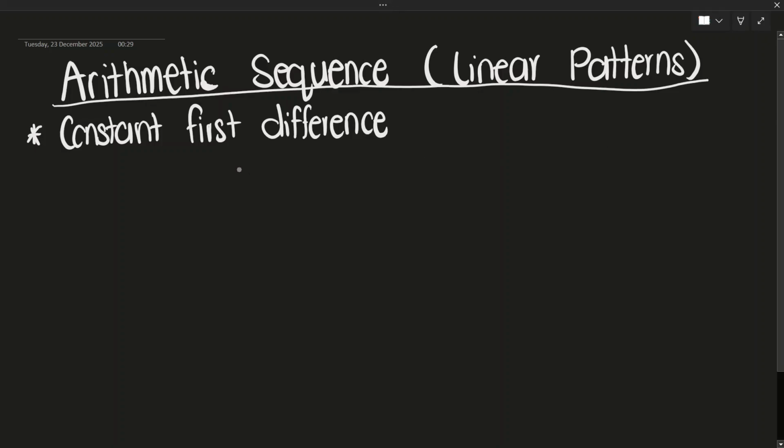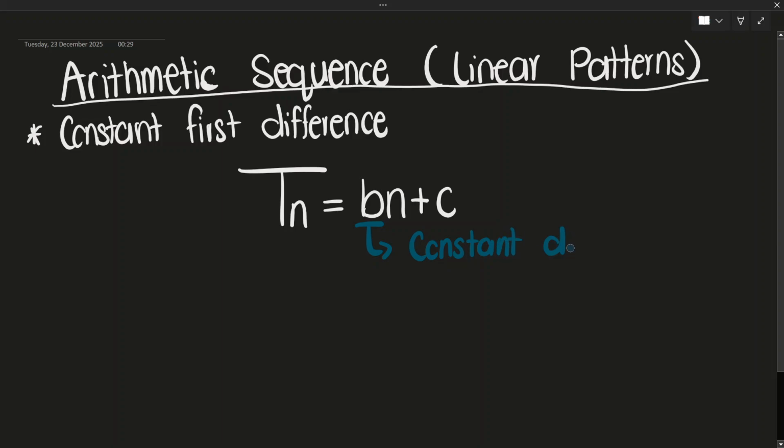And we usually write the form of an arithmetic sequence as Tn is equal to Bn plus C, where B is the constant difference and C is the constant term.